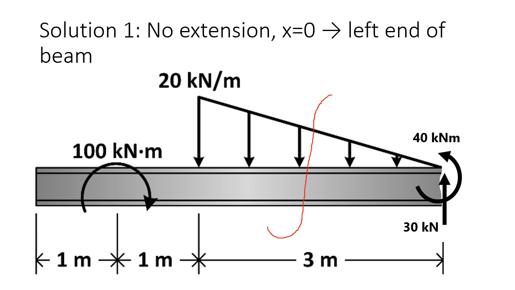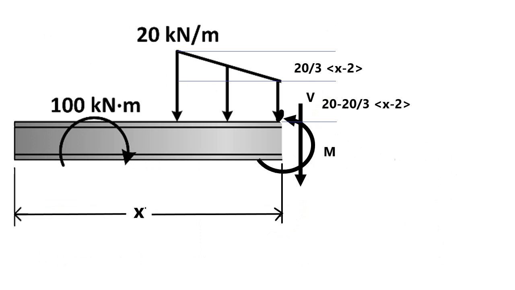We do not really need the value for the support reactions since we would be considering the beam from the leftmost end up to this section. Okay, so here is the section.